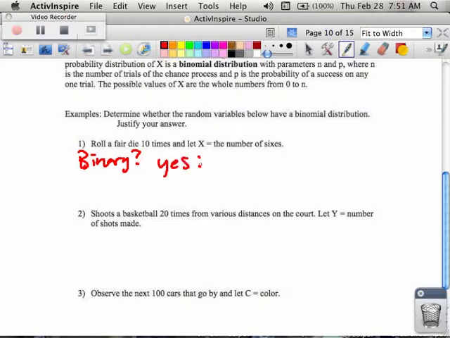Because the success is equal to the 6, and the failure is equal to not a 6. So that's okay. They're not talking about all the different possibilities on the dice when you roll those, but you can get a 6 or not a 6. Are they independent?